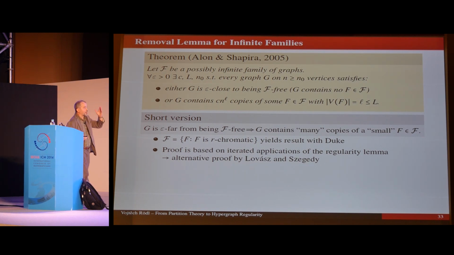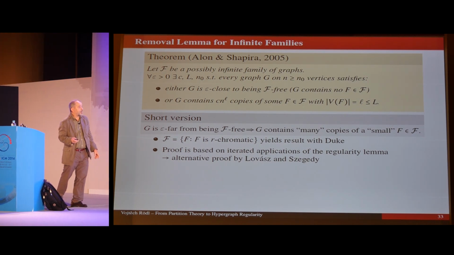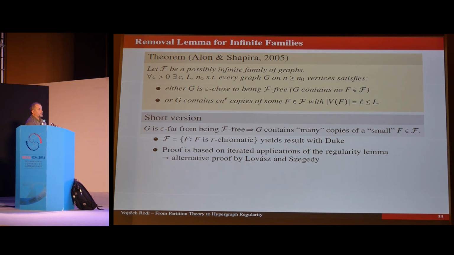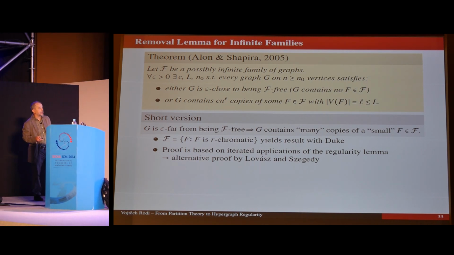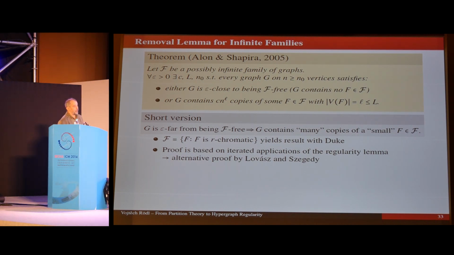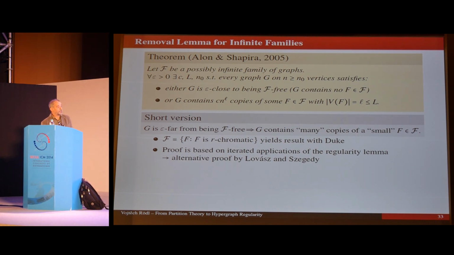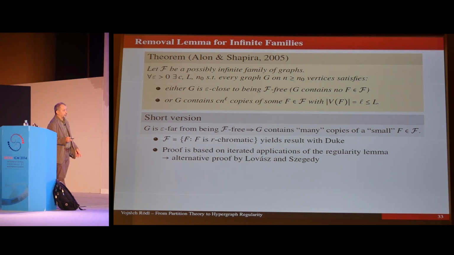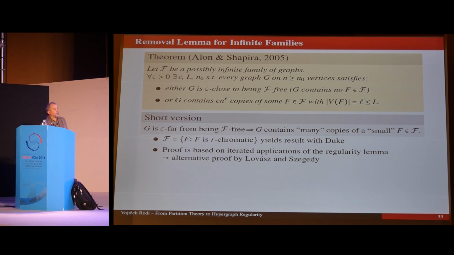Of course, as I already said, for a special case this is our earlier result with Duke. This proof is based on an iterated application of the regularity lemma. An alternative proof was given by Lovász and Szegedy using graph limits.